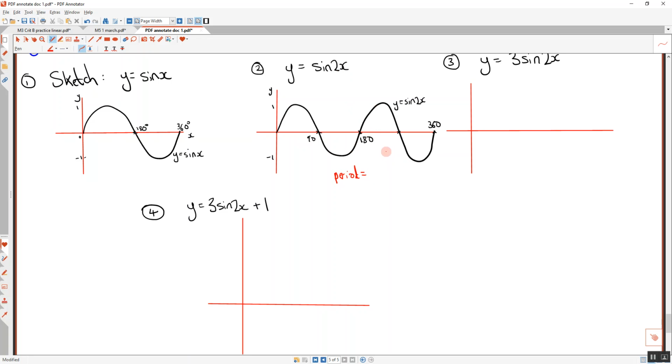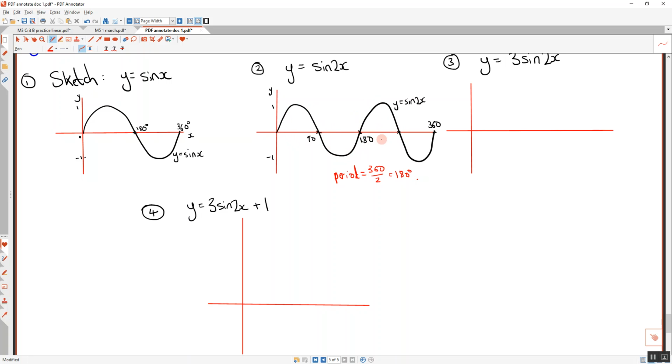The period is 180 because it's 360 divided by the frequency, okay? Which is 180. And that makes sense because remember, the period tells us where it starts repeating. It starts repeating after 180 degrees.